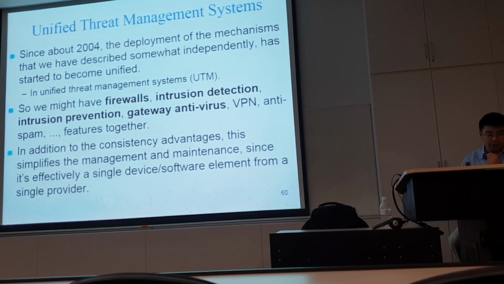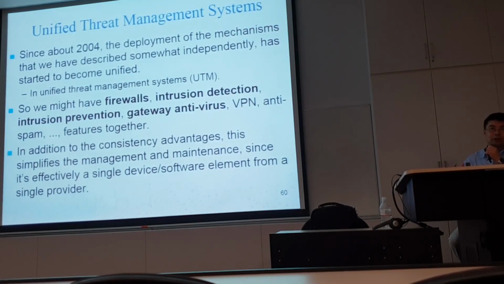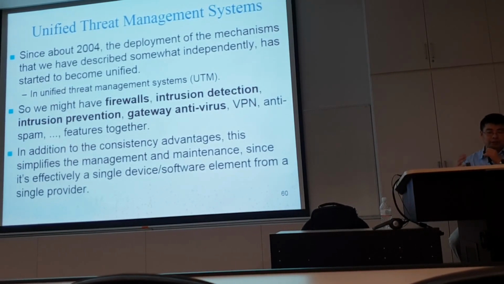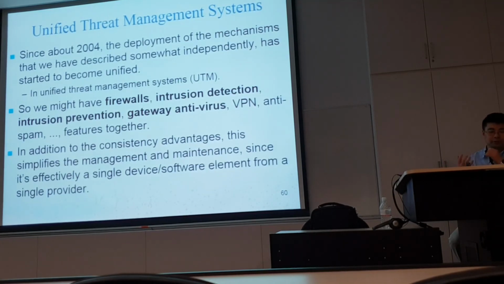However, this is not really practical. Physically, we may store different systems in one server, but logically we still try to separate them, because if we combine them together, they may interfere with each other. So if one system fails, the whole system may crash.